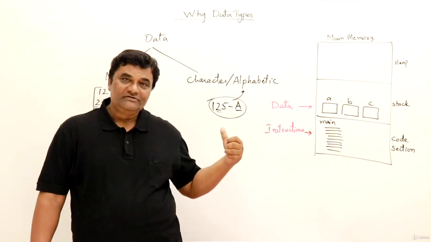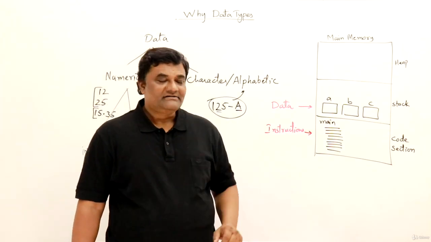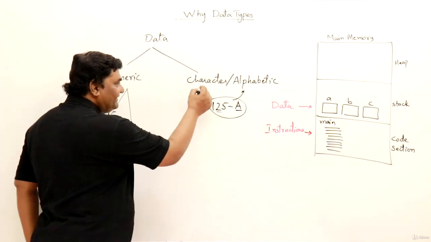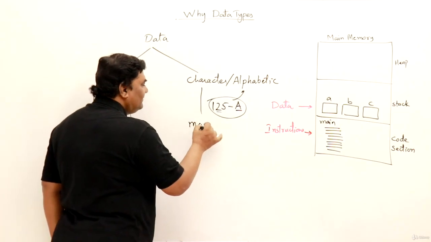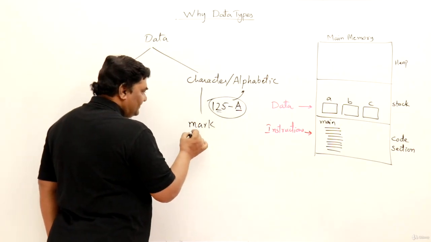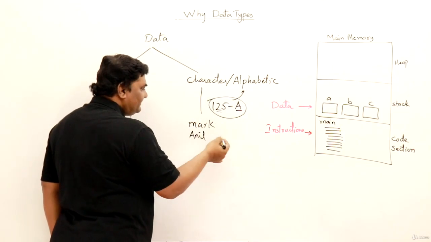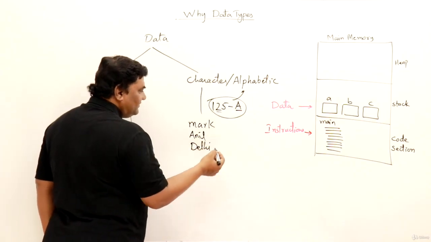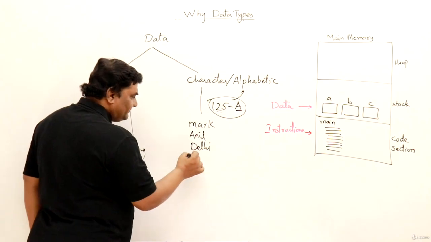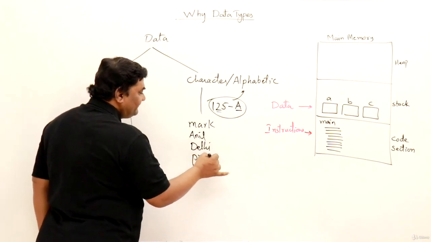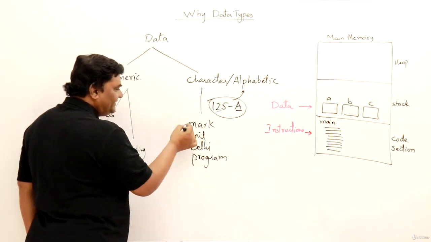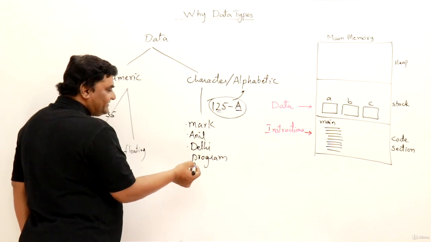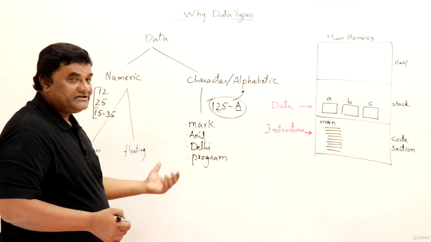Then next, coming on to this side, that is characters. Here, if I write a name, that is Mark or Anil, these are names. Or the name of a place, Delhi, right? Or any word, program is a word. So it may be a name of a person, a name of a place, or any word from the dictionary.